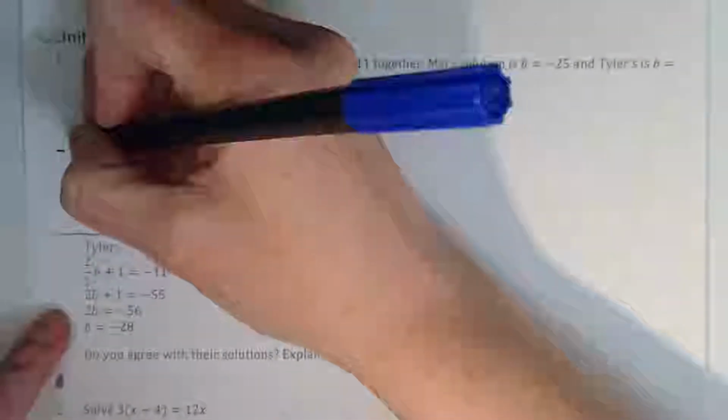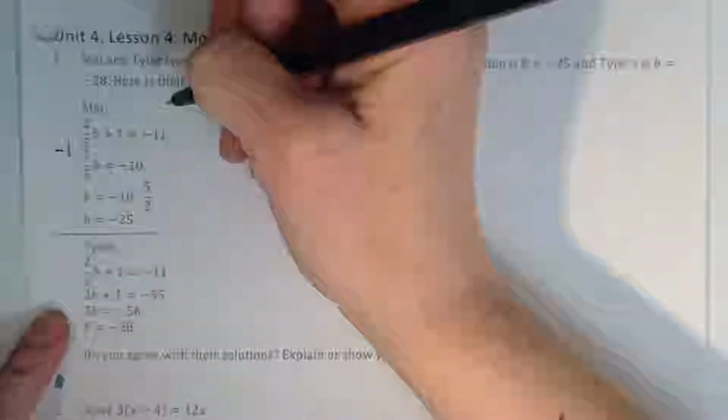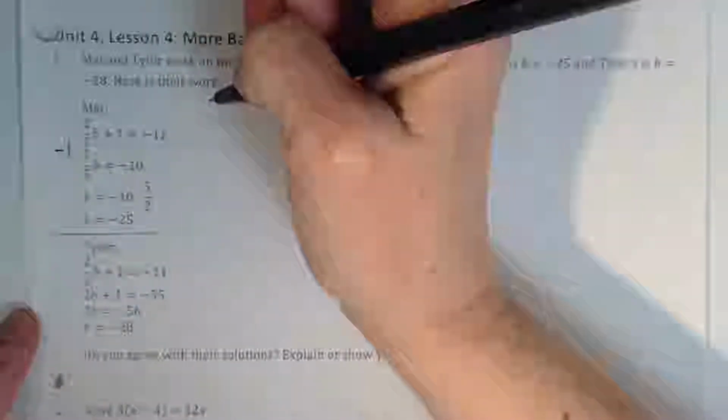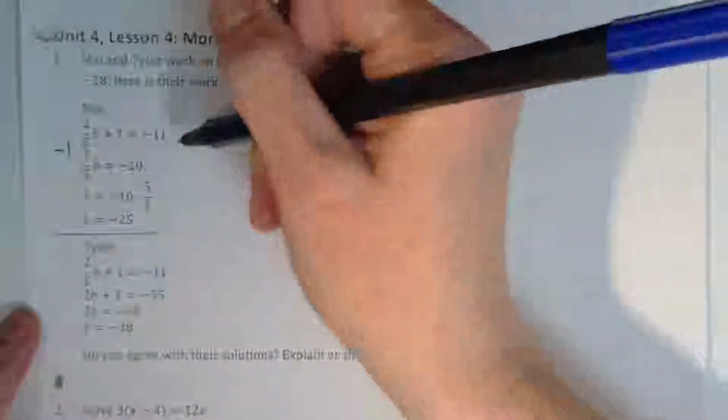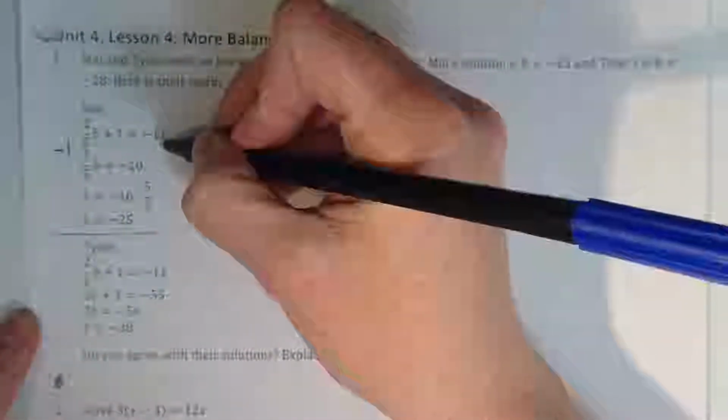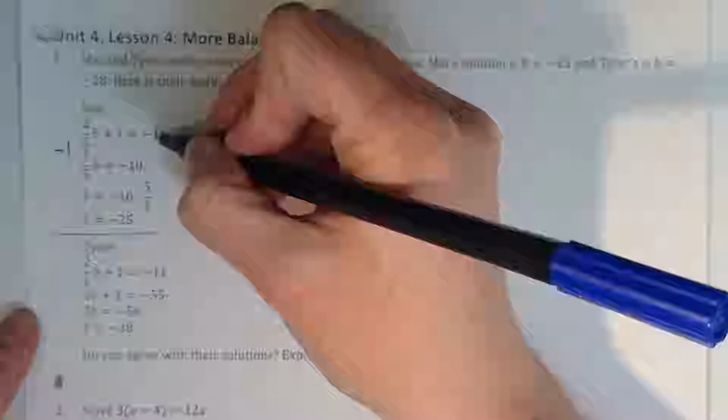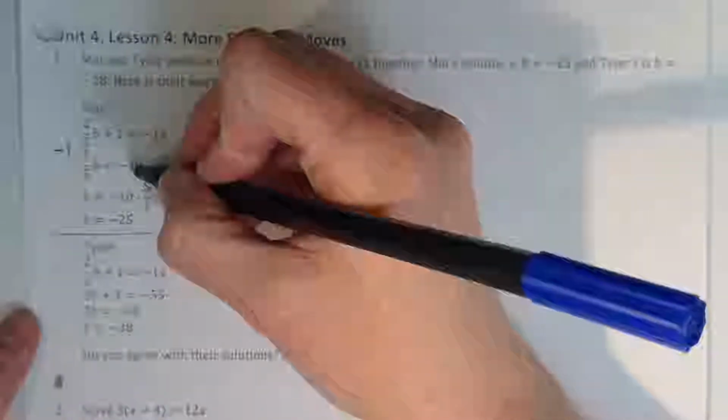So we can assume that she subtracted 1 from the left side, or added negative 1. So if you add negative 1 to the left, she should have added negative 1 to the right. Now if we look here, negative 11 became negative 10.